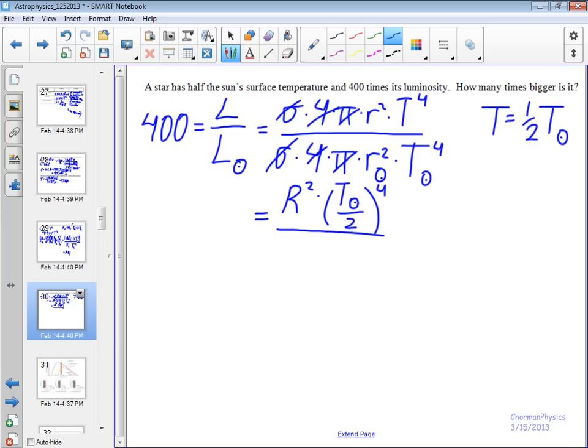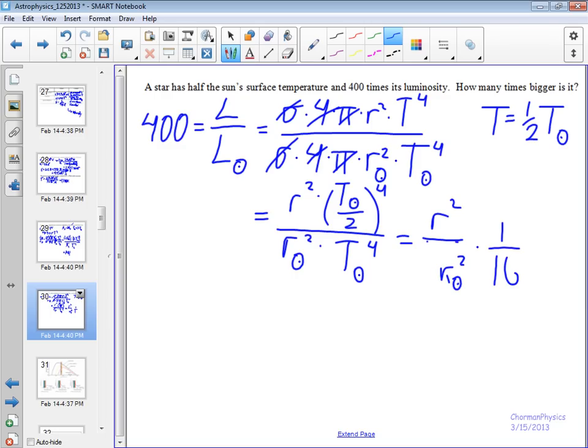And so what we end up with here, all right, is R squared times T sun to the fourth, over R sun squared times T sun to the fourth over 16. And this is all equal to 400 still.